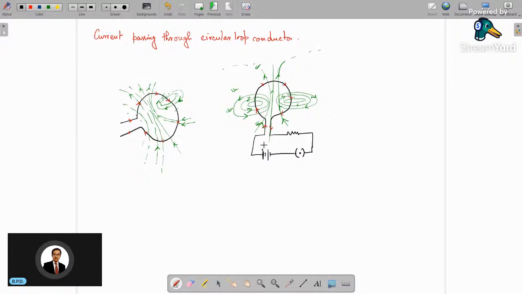This must be positive. From positive it will go through this circular loop, and it will come here and complete the circuit, right? So this is the basic concept of current passing through a circular loop conductor.